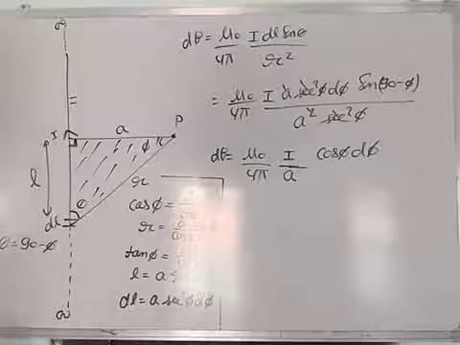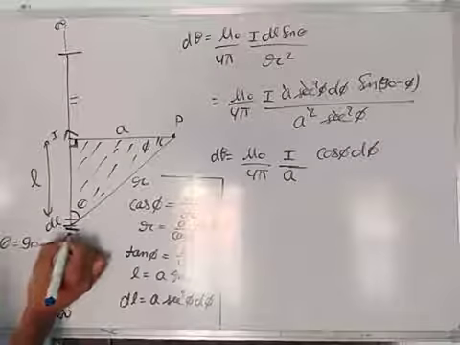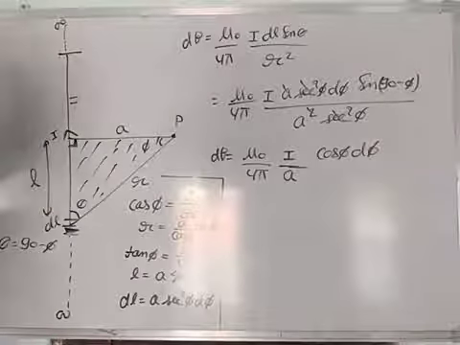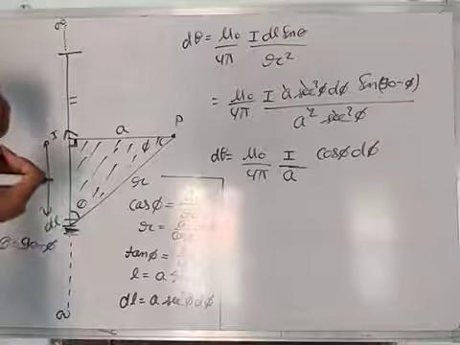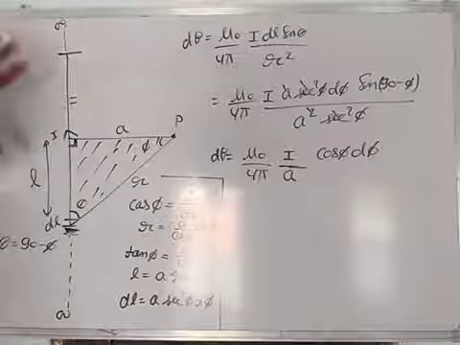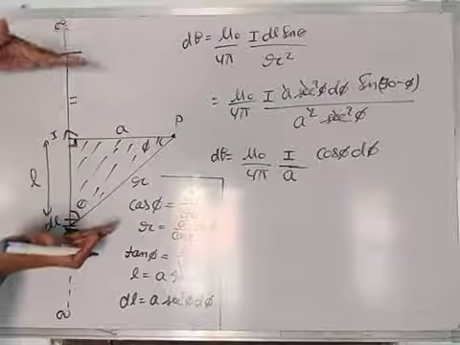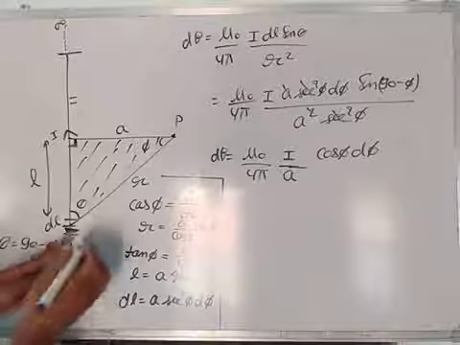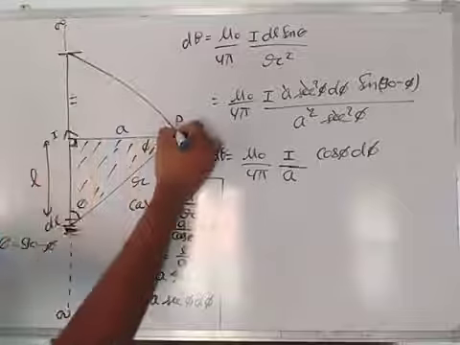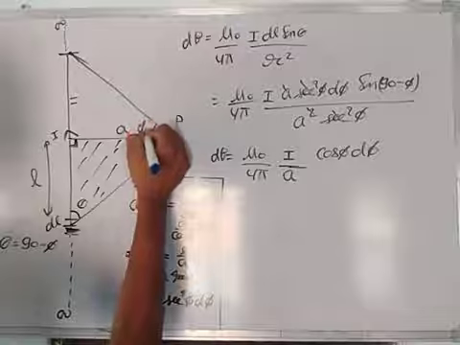Suppose we are not taking the complete length, because at the starting we have considered that this conductor is of infinite length, but at present we are going to consider a small length, and suppose this length is subtending an angle phi 1 here, and from up direction the subtended angle is phi 2.